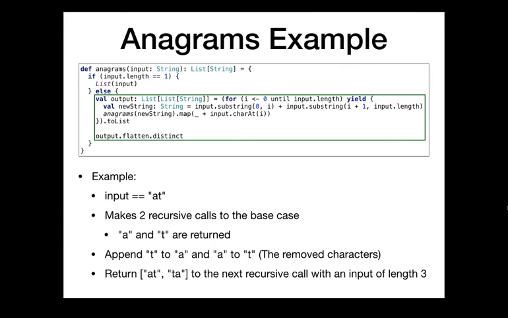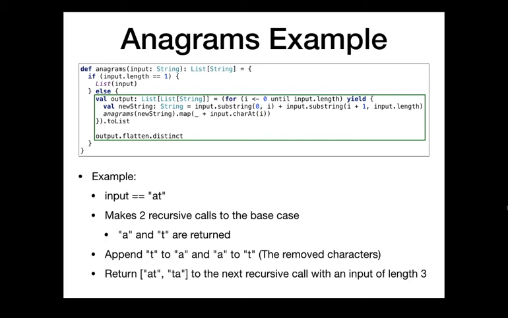So it's at that second to last recursive call where we can start to see the mechanics of recursion working for us, where we can start dispelling a little bit of that magic. So say we're at some level of this recursion where we have an input of length 2, the input AT, and we're going to go through this loop and remove one letter at a time and make the recursive calls.